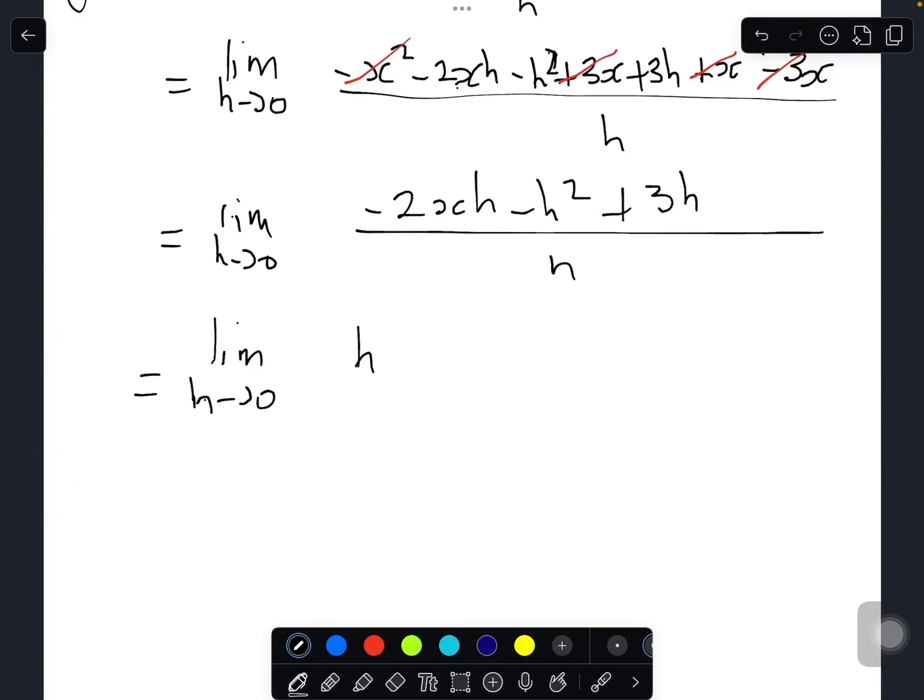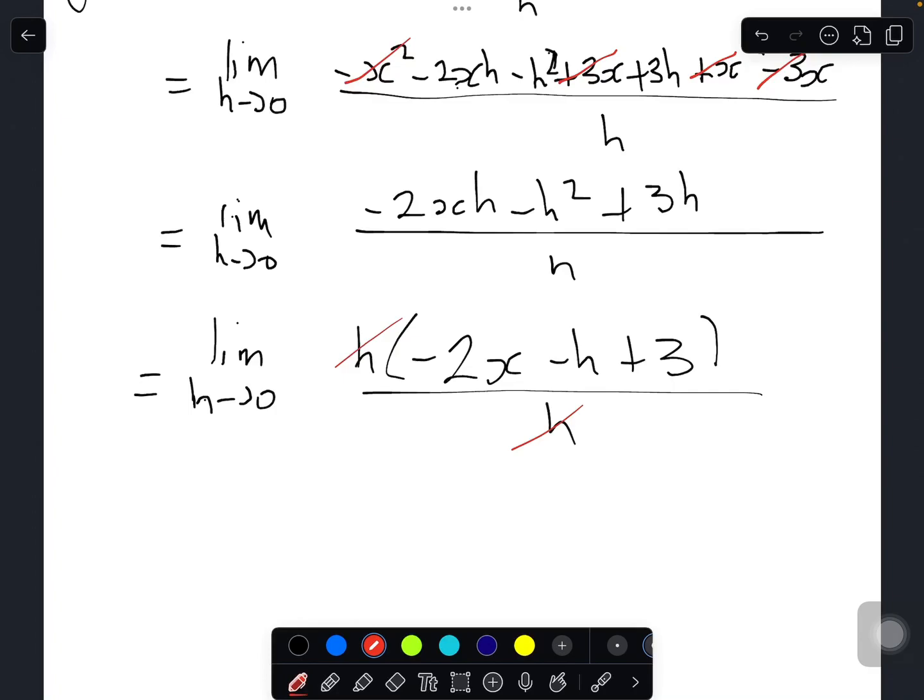I get h into negative 2x minus h plus 3 all over h. These will now cancel off. I can now apply my limit, and I'll get negative 2x plus 3. And that is my final answer.